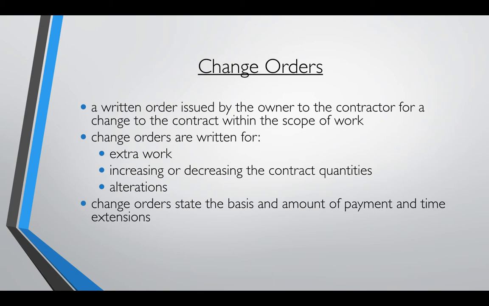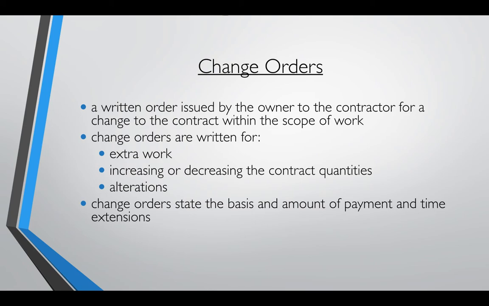Change order starts on page 389 in your textbook, and I believe we have two different definitions. Here in the PowerPoint, a change order is a written order issued by the owner to the contractor for a change to the contract within the scope of work. So change orders are written for the extra work, increases or decreases in contract quantities, and any alterations.